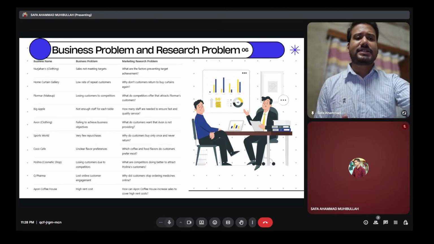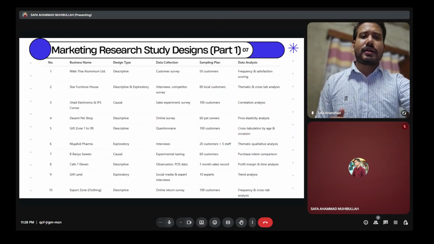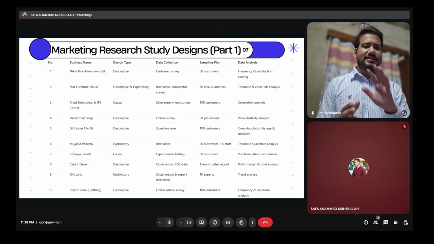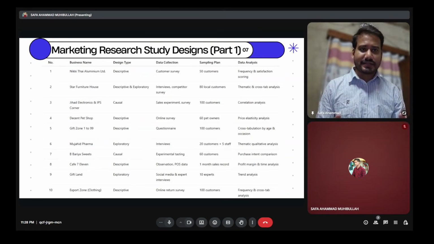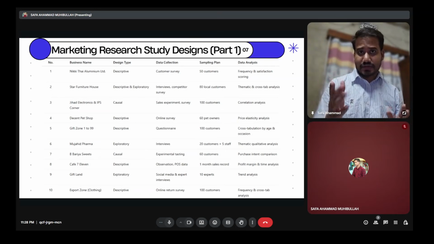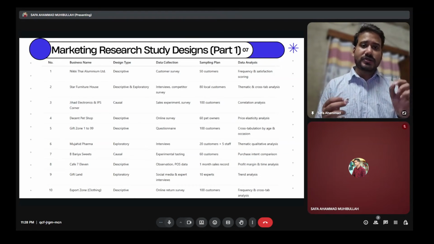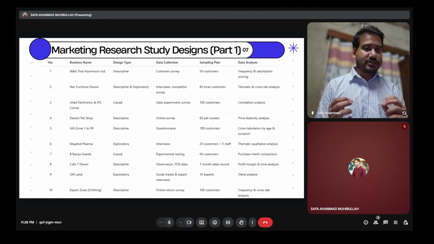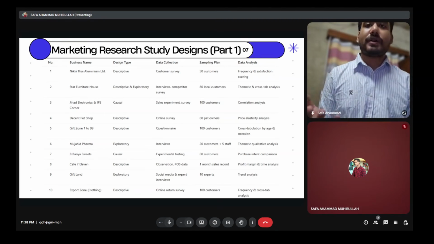So moving on to the next slide, let's look at how I designed studies for the first 10 businesses. For Jihad Electronics, we can see a business called Jihad Electronics and IPS Corner, which struggles with low sales in the off season, and obviously it's an electronics shop, and they also sell IPS.